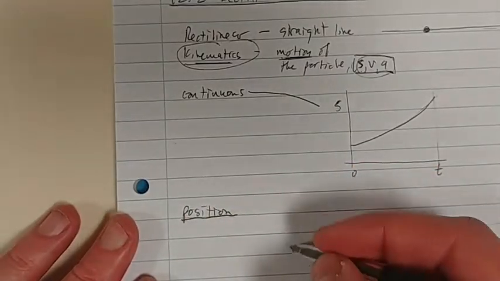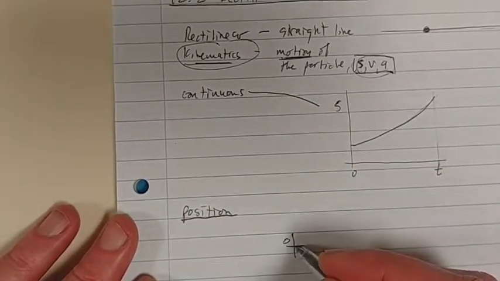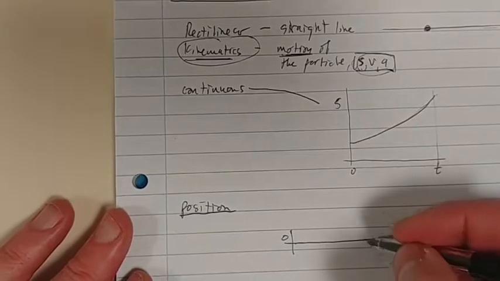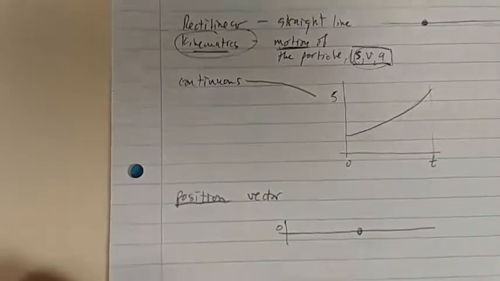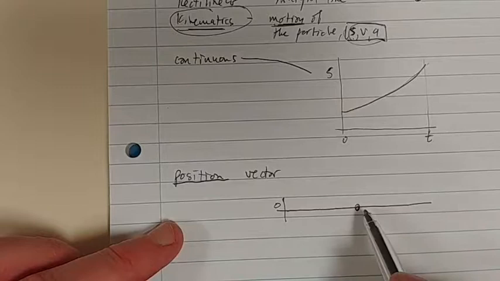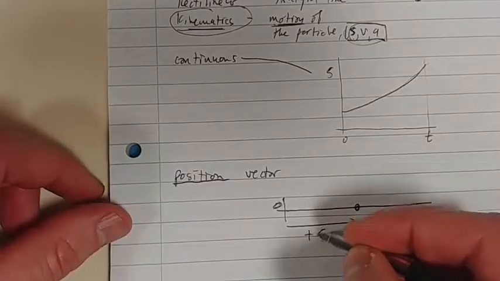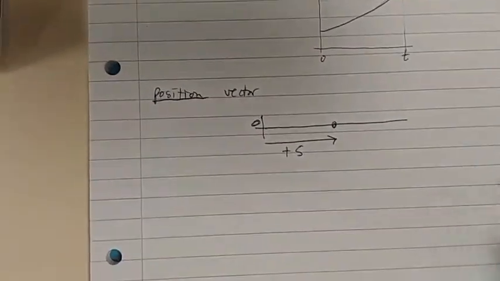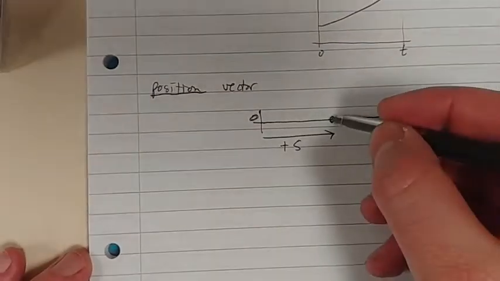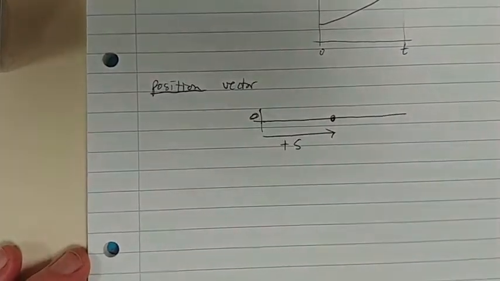Okay, if we have the origin here, and there's a straight line, the position, number one, it's a vector, right? And seeing as we're looking at just a straight line, if there's our origin, then anything to the right is positive S. So what does the position do? It simply defines where it is in relation to some reference point.